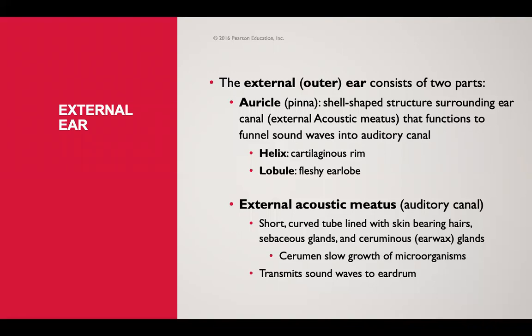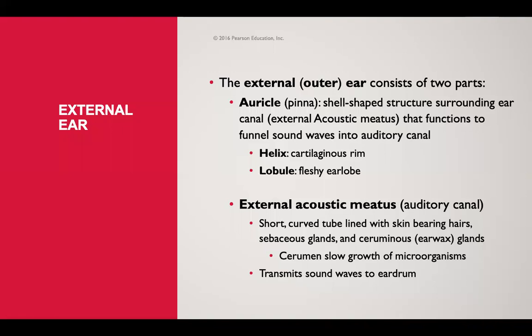Now, we already talked about the external ear, but to just review that, the external ear is made up of your auricle or your pinna, which is basically the outer aspect of your ear, responsible for collecting the sound waves from your environment. It has two parts, the helix, which is the cartilaginous portion, specifically the elastic cartilage.